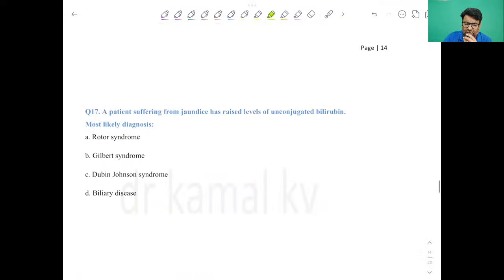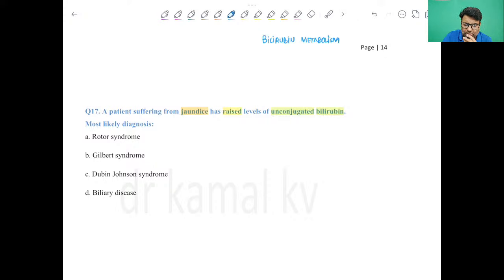Then next question is about a patient is having jaundice, and when we checked, it was unconjugated bilirubin which was in excess. So what can be the condition here? So here we need to discuss a little bit about bilirubin metabolism.